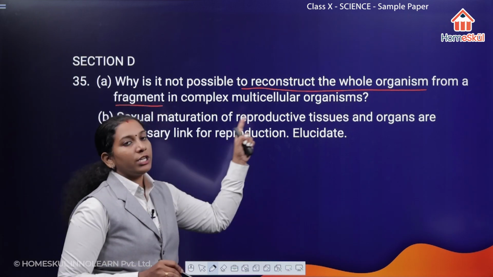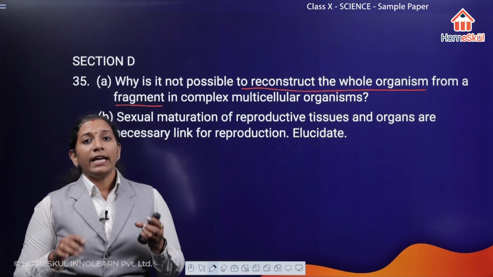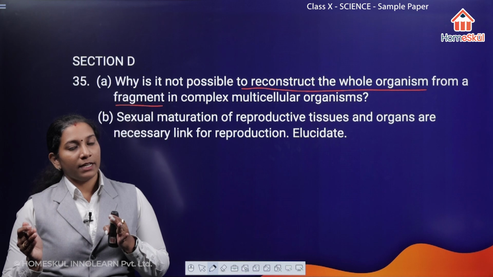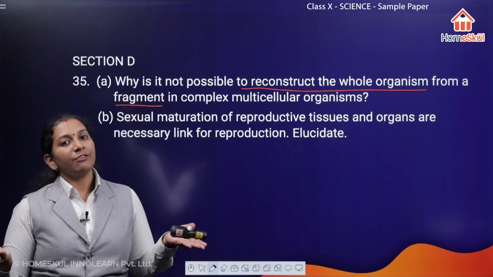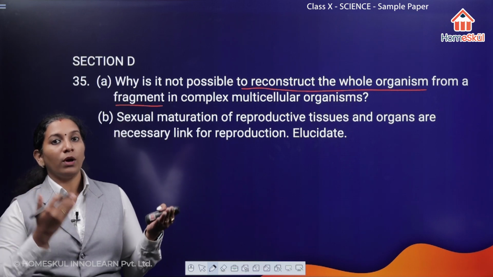Okay, you know what multicellular organisms are? Their body is made up of many cells. You can observe a division of labor there. Many cells are performing different functions in multicellular organisms. So, that organism is made up of what kind of cells?